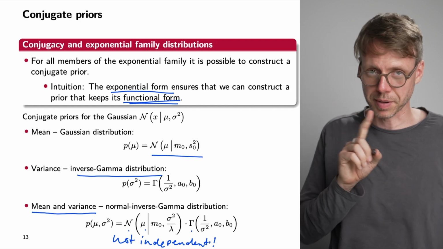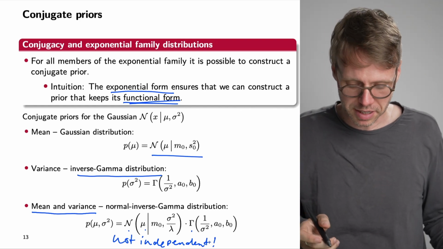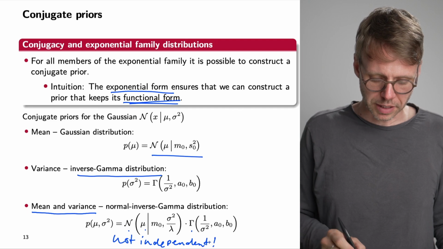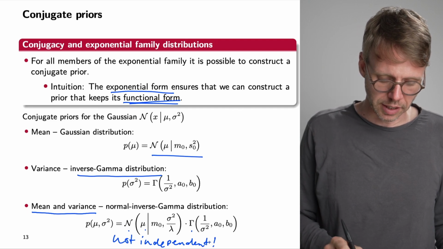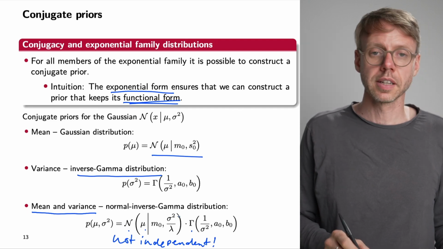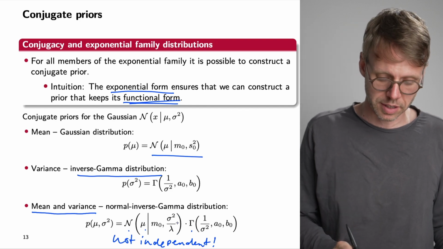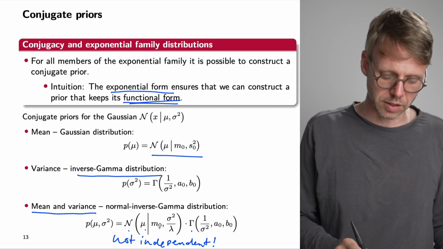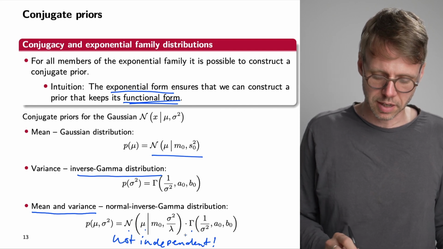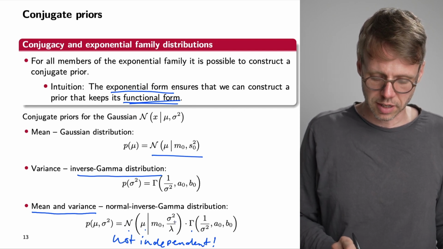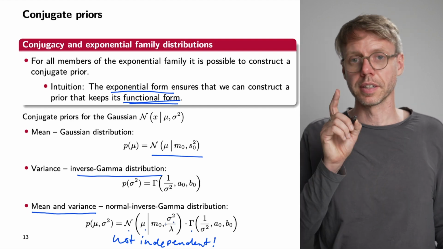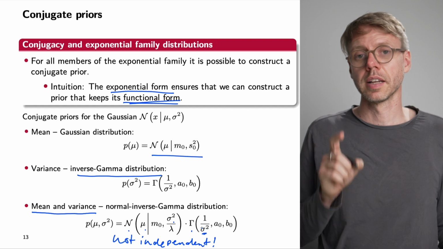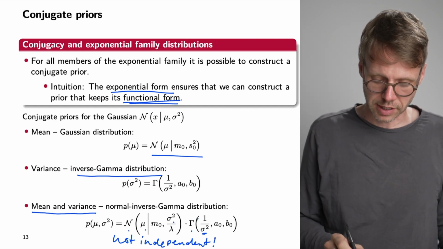Why not? I mean, that's a product. Why shouldn't they be independent? Well, we have to be a bit careful because the variance of the part that is sort of the prior on the mean actually depends on the variance of the data, which also appears in the inverse gamma part.